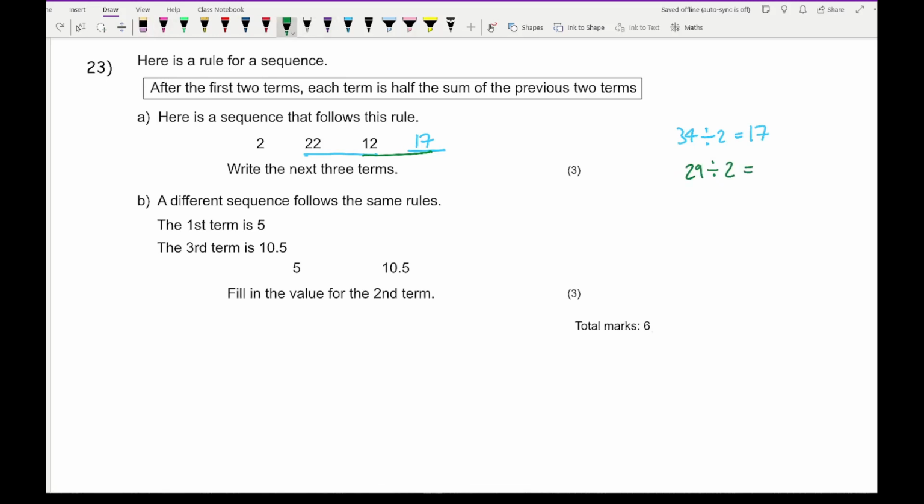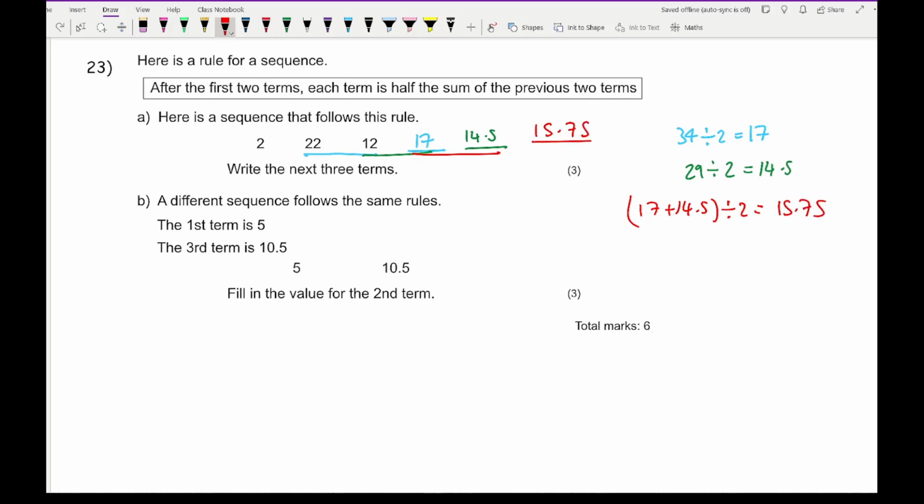I divide that by 2 and I get 14.5. So my next number then is 14.5. And then for my third number, I add 17 plus 14.5, and I divide that by 2 and I get an answer of 15.75. So the third number then is 15.75.